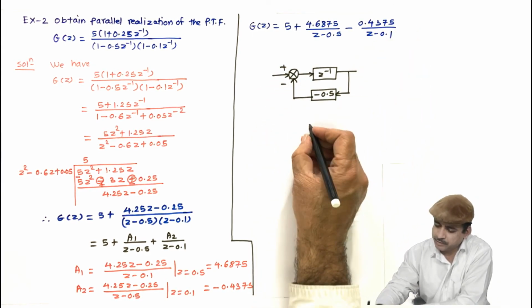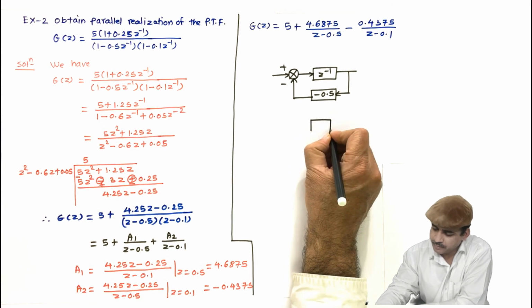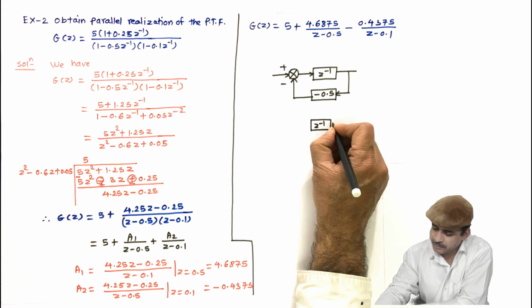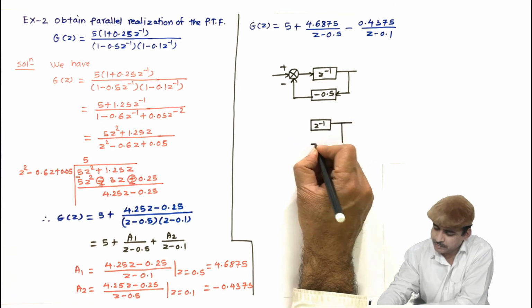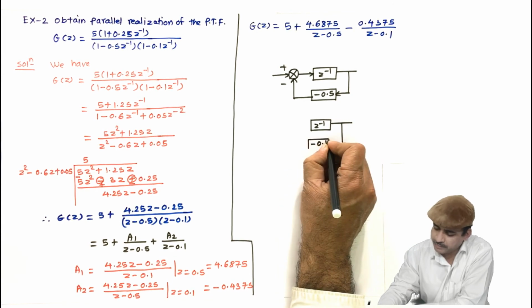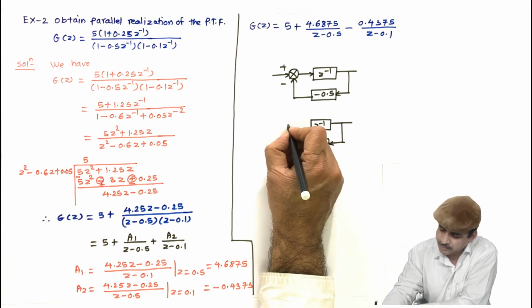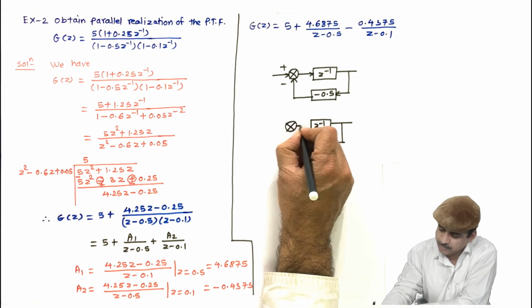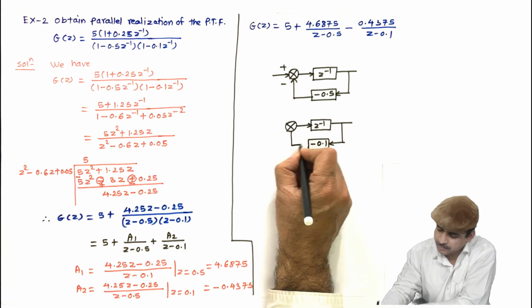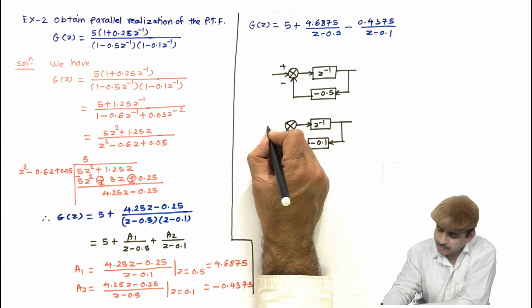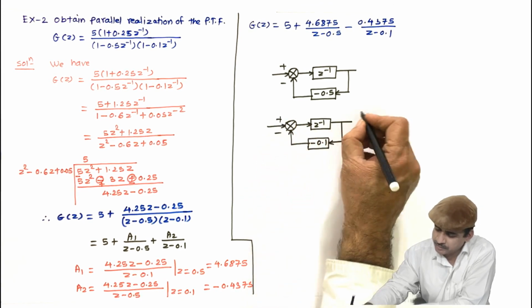Then for this factor z raised to minus 1, here I will have minus 0.1, plus minus.